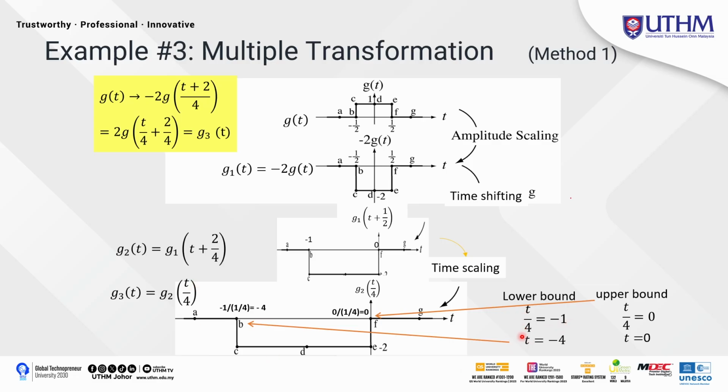How do we find negative 1? That is the latest signal from the last operation. The last operation is the time shifting, so this is the answer from the time shifting, negative 1. We just take it from here. T over 4 is the operation of the time scaling, so t over 4 equal to negative 1. To get t, you move the 4 to multiply with negative 1, so you get negative 4. It's the same to find the upper bound: t over 4 equal to 0, so t also equals 0. So the final answer is from negative 4 to 0 after this operation.